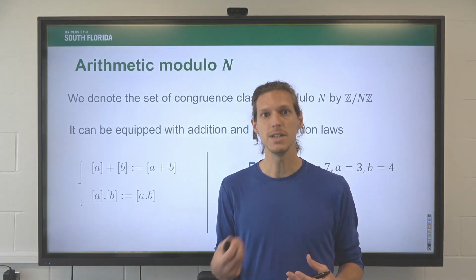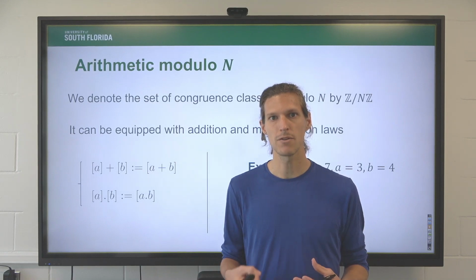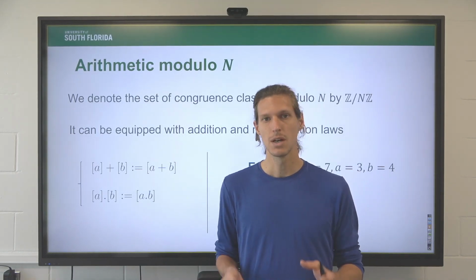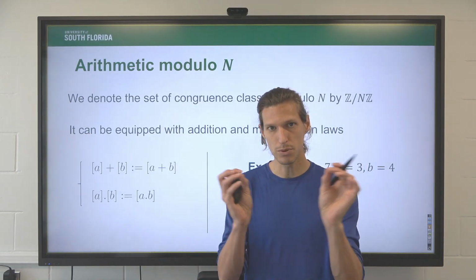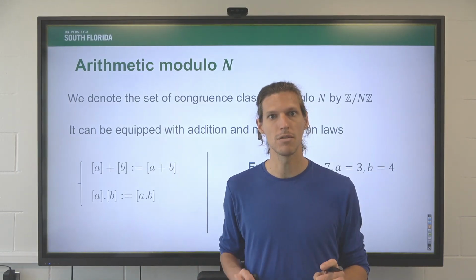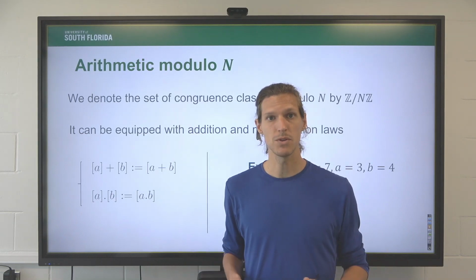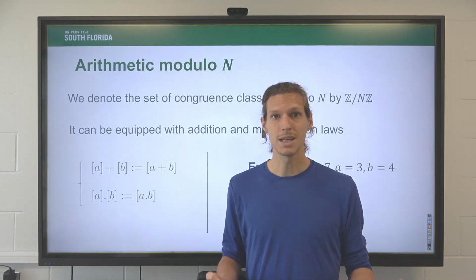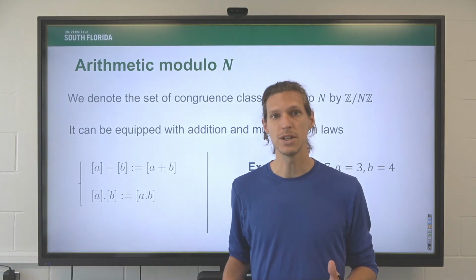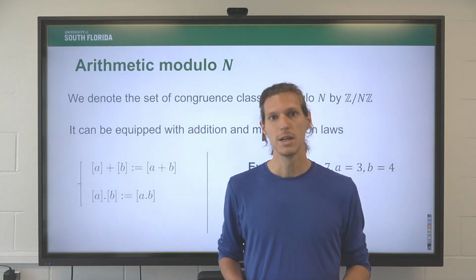It's sort of a unique representative this way. However, it's usually an abusive notation. What we really mean is we're dealing with an infinite set, and in theory, we should put brackets or bars above the numbers. But sometimes by abusive notation, we tend to cut some corners and identify that with this unique number between 0 and n minus 1.